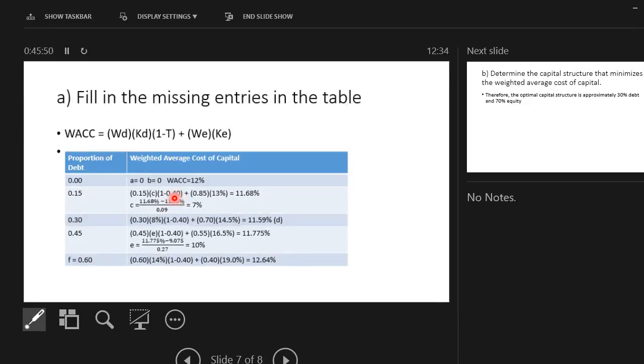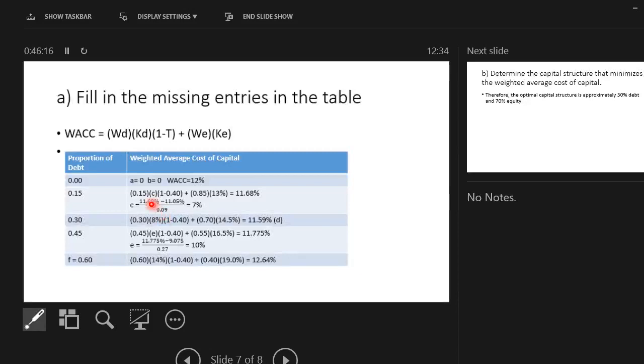So we are saying now 0.60 multiplied by 0.15. What do we get? 0.09. So we call that 0.09 C. All right, 0.09 C. We have 0.09 C here.